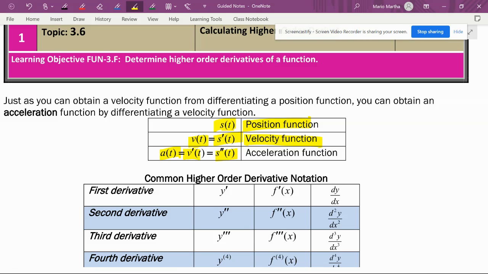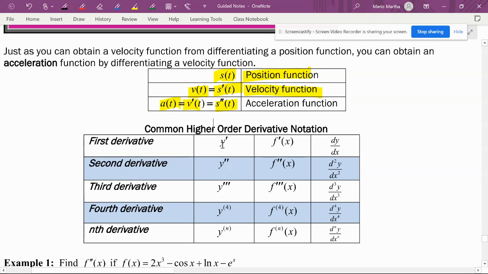So now, if you notice, in the next ones, we have a couple of different things. The first derivative is denoted by y prime or f prime. You remember that part, right? And then dy dx as always. Now, for the second derivative, we're just going to have two tally marks for the y and the f of x.